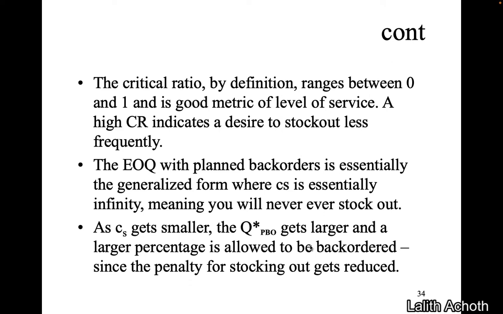PB is back order, it is inventory based on back orders. So when the CS, the cost of penalty of back order, of stock out, is less, then the back order becomes very, very large.